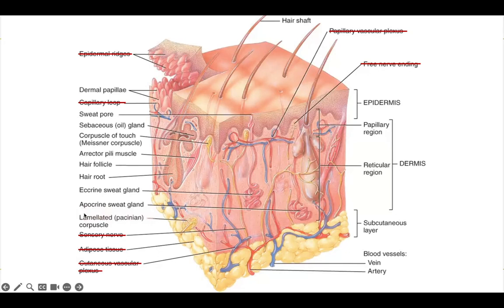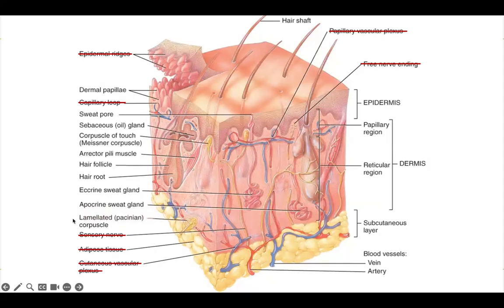Okay, and then the remaining structures here labeled are receptors, sensory receptors. So we have the Meissner corpuscle and we have the lamellated corpuscle. Now, the Meissner corpuscle is also sometimes just called like a tactile receptor or a touch receptor. It's going to be located in the papillary region, and so it's going to detect really light touch.